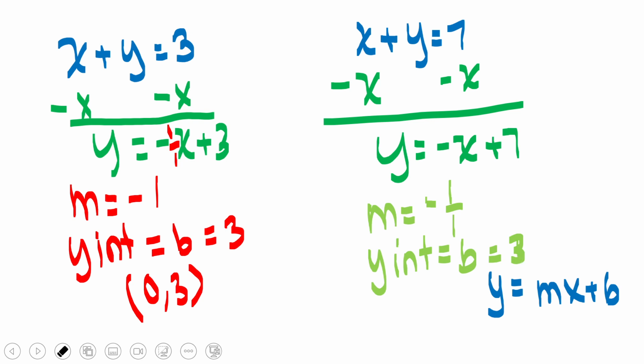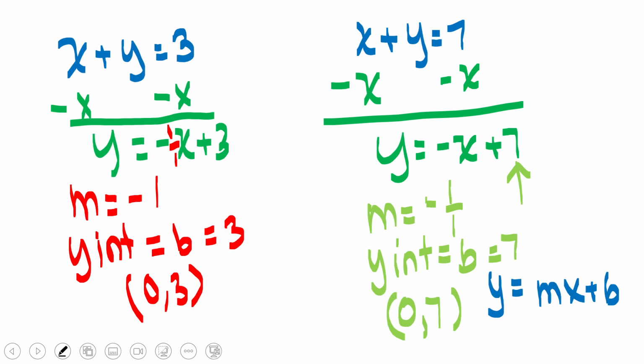Oops, my brain wrote down 3. Okay, so it is 7 for this one, and we plug in 0 for x. Alright, so we have 0 for x, 7 for y.